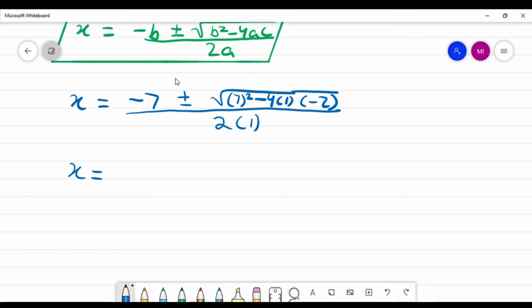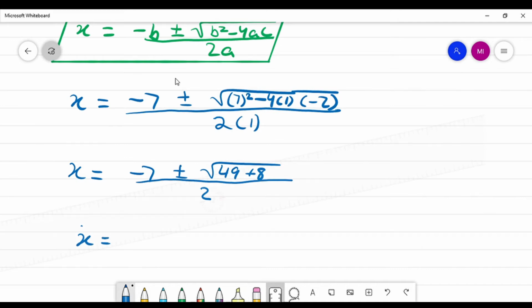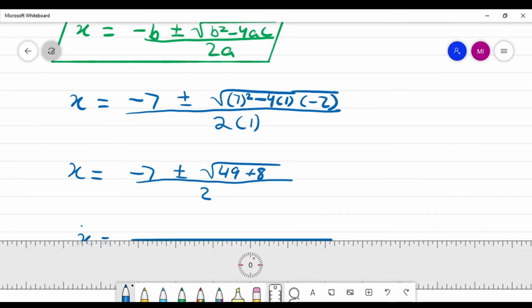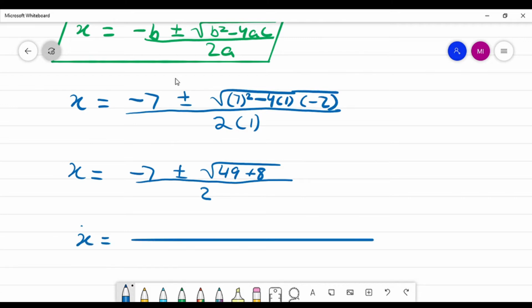So x is equal to negative 7 plus minus under root of 49 plus 8 divided by 2. So x is equal to negative 7 plus minus under root of 57 divided by 2.